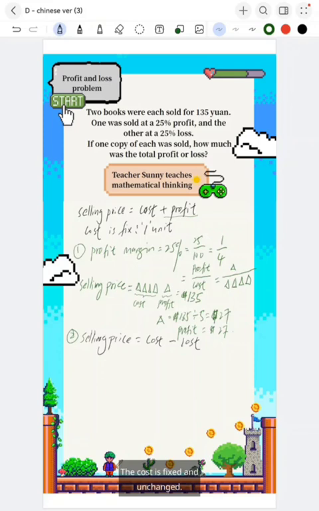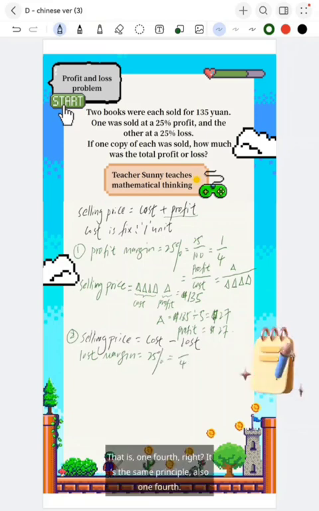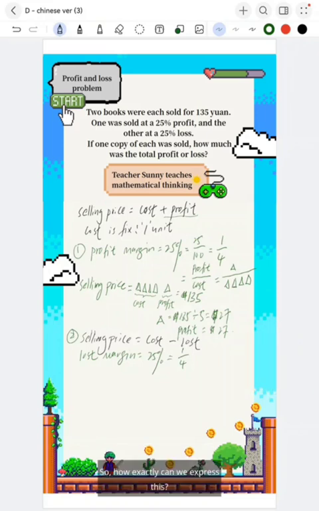The cost is fixed and unchanged. So the loss is also 25%, that is 1/4, the same principle. So how can we express this? It accounts for one part of the cost, so if one part of the cost is lost, there are 4 parts in total. The cost is 4 parts.